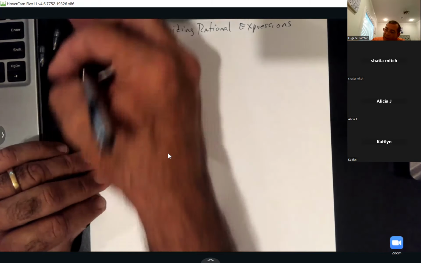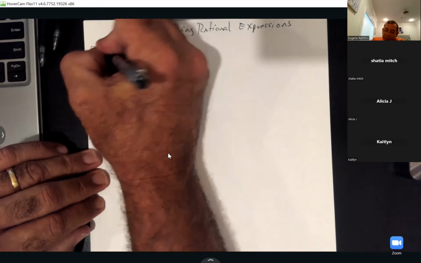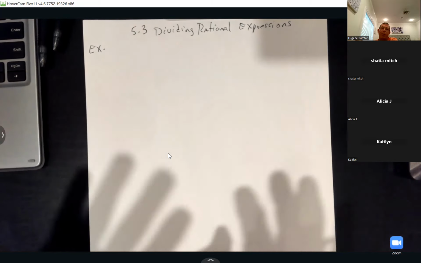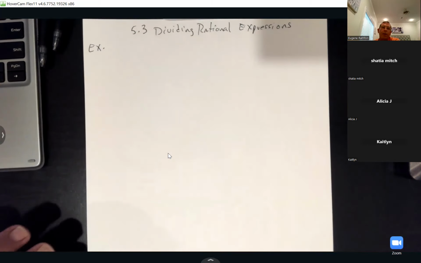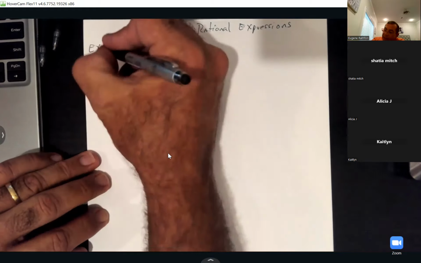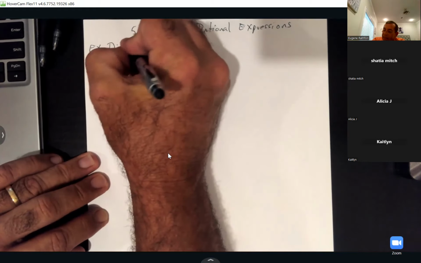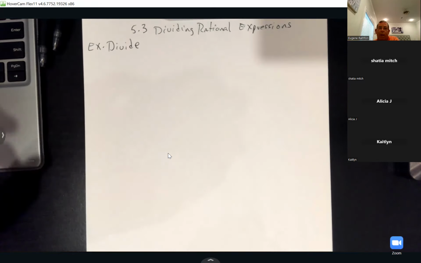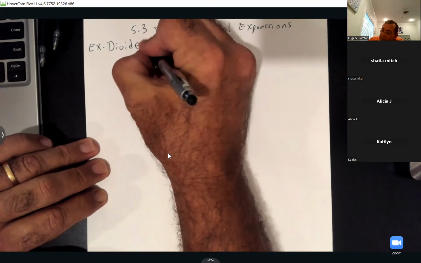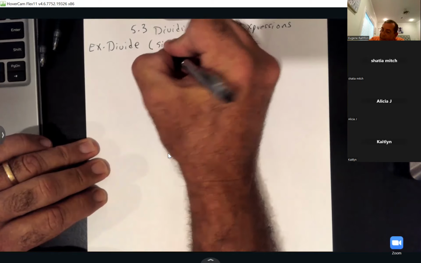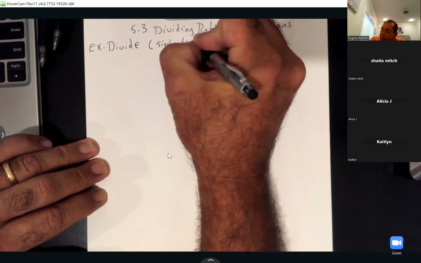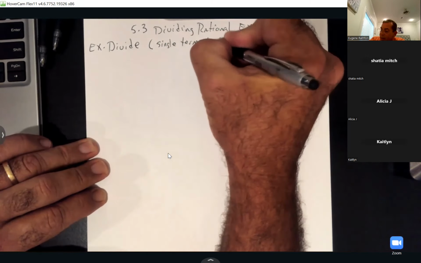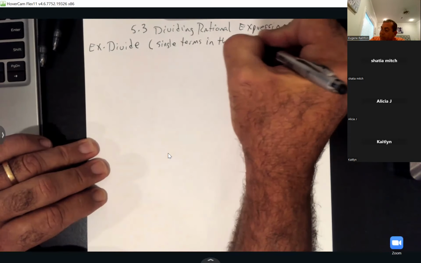Let me start with this first example, and I'm going to explain what we have to do while we're playing with this. This one will just say divide. But in this one, we're dividing by single terms on the bottom, so these ones will have single terms in the denominator.